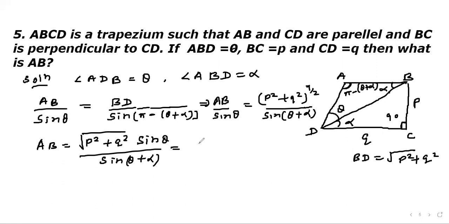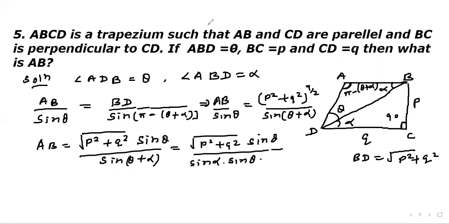We can expand the denominator. So root of P square plus Q square times sine theta divided by, sine (theta plus alpha) is sine theta cos alpha plus cos theta sine alpha.